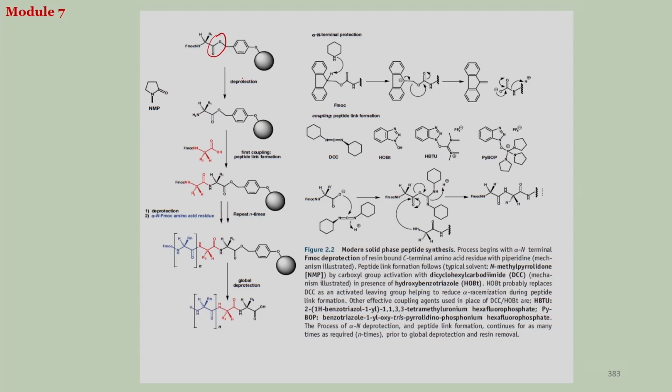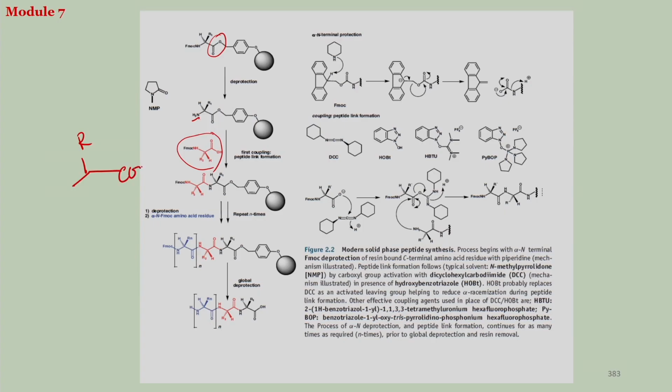The next step is the deprotection of the FMOC, so that you get a free amine group here, and now you add the monomer. This is your monomer, that is very important. The monomer is the free acid and FMOC protected amine, and every time you have to use this monomer only, where the acid would be free.